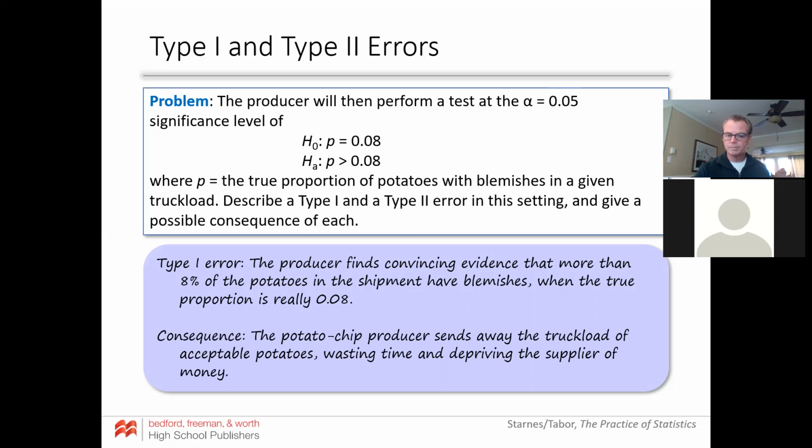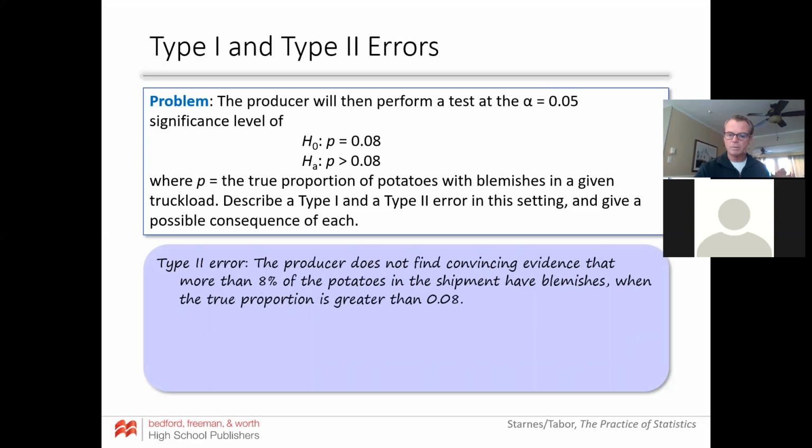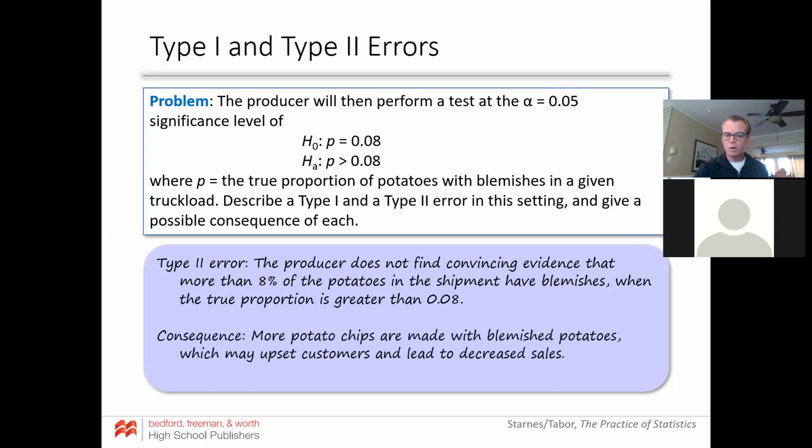Well, that's going to cost you money. What's the other possibility? Type 2 error. You failed to reject the false null. There really were more than 8% of the potatoes that were blemished, but you didn't recognize that. So what's the consequence? Well, you made potato chips with substandard potatoes, and the people might not be happy with your product. So there's consequences to each.